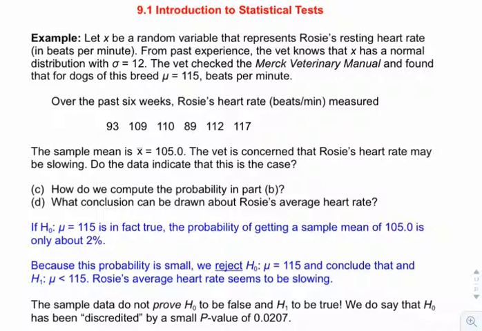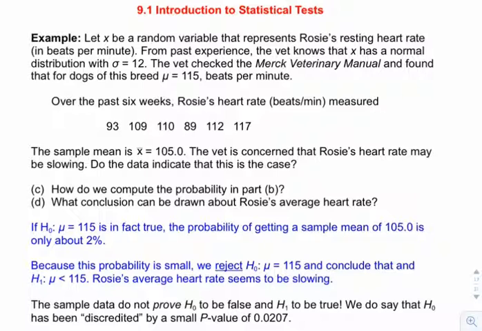Because this probability is small, we reject our null hypothesis and instead conclude the alternative hypothesis that the mean is actually less than 115. We don't make a claim as to what it actually is, just that it is less than 115. And so therefore, Rosie's heart rate does seem to be slowing down.